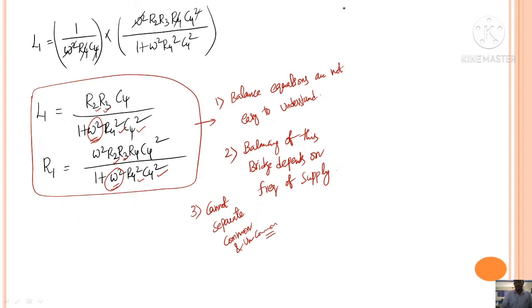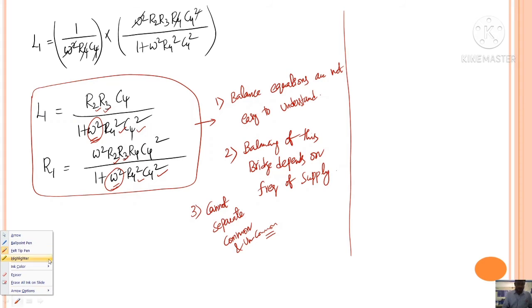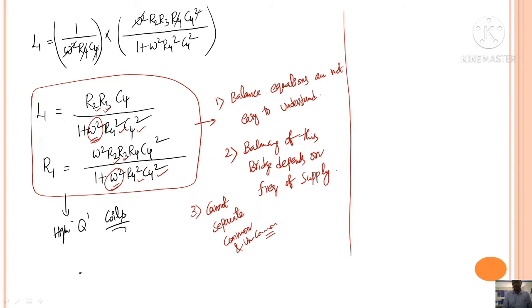But the one and only advantage which allows us to neglect all these drawbacks is that it is used for measurement of high Q coils. Maxwell's bridge is used for measurement of the inductance of medium Q coils, whereas this is used for high Q coils. How can I say?